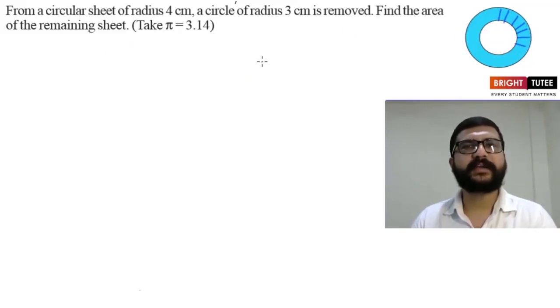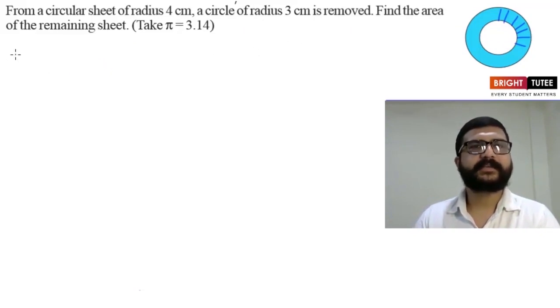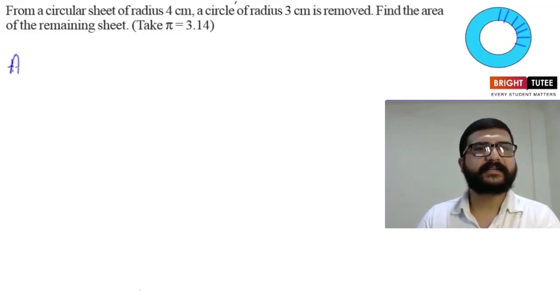For that, what we need to find? We have to find area of the larger circle and then area of the smaller circle, and then we just have to subtract them. So basically what we have to do for finding the area of the remaining sheet.